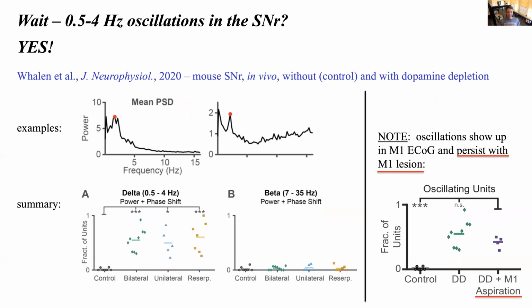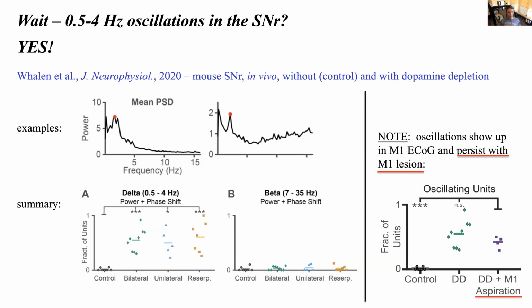Other people have shown that as well, and we do find significant low frequency oscillations in the SNR under dopamine depletion. Okay, and that's what this data shows, a couple of examples of what the power spectra look like. And here the total fraction of units with various forms of dopamine depletion showing the low frequency oscillations, and none of them are showing beta. Okay, and these persist with M1 lesions. So these are really coming from the basal ganglia.